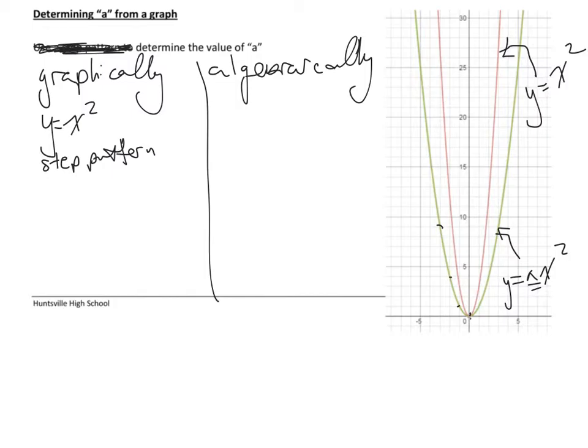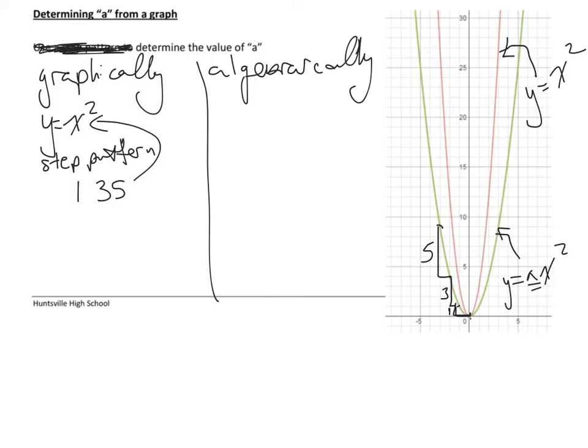So to get from the origin, from the vertex, to the first point, that was one step up. And then to our next point, it's 3 steps up. And to our next point, it's 5 steps up. And the pattern ends up being a 1, 3, 5 pattern. And that will always be the step pattern for y equals x squared.